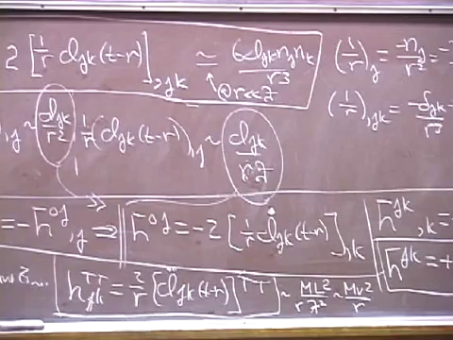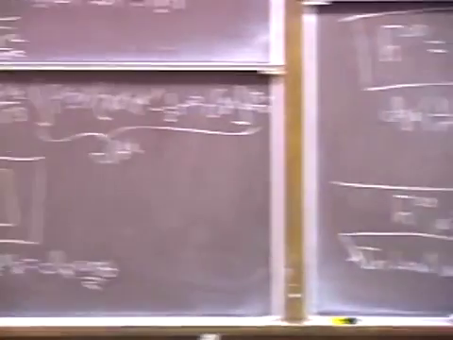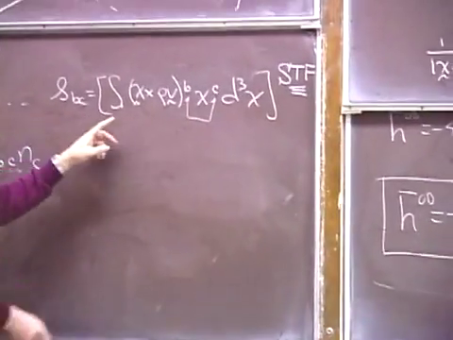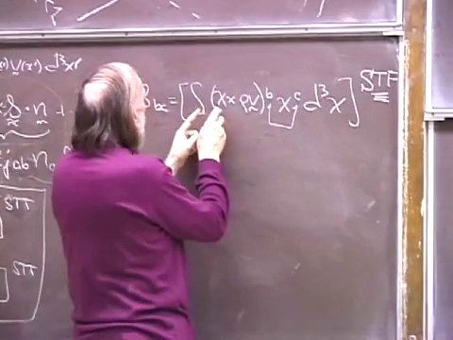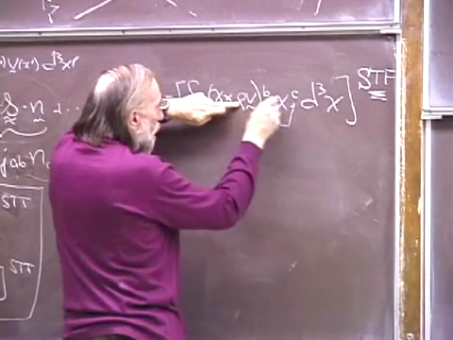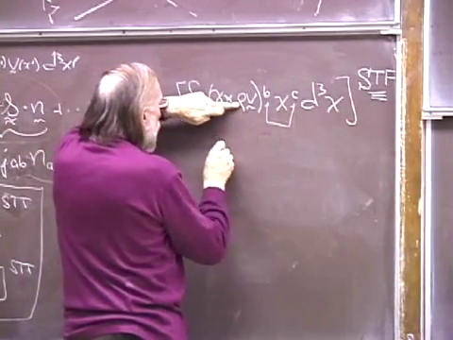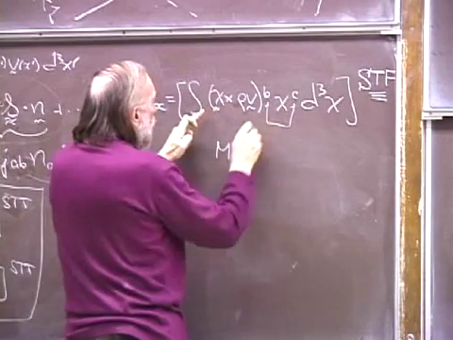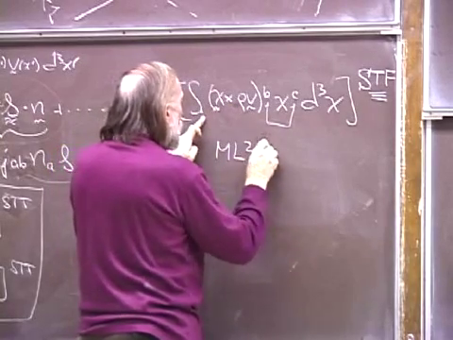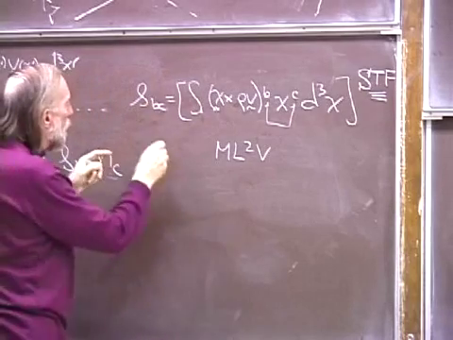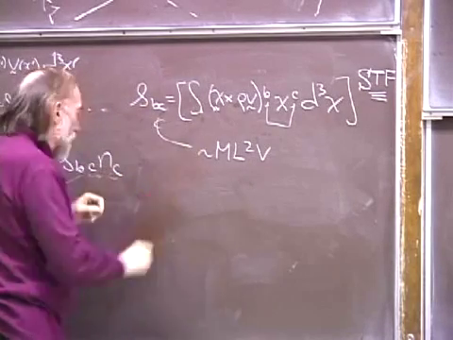Over here, the current quadrupole moment is a density that's integrated over space, so that gives us an m. There are two x's, so there's an L squared, and there's a v. That's the magnitude of the current quadrupole moment.